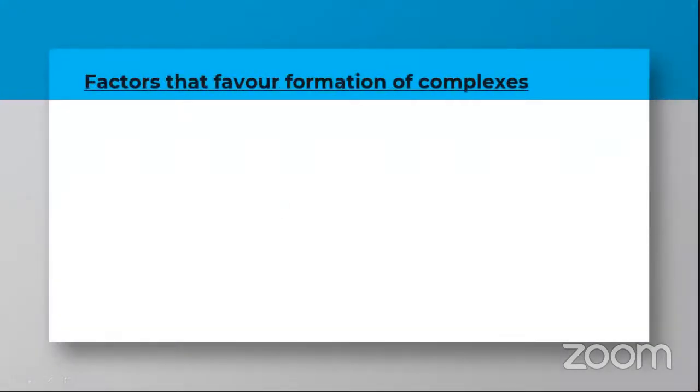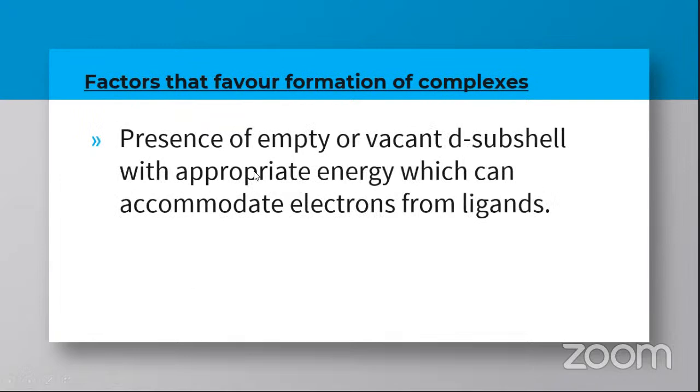Then let's look at the factors that favor the formation of complexes. First of all, presence of empty or vacant d subshell, with appropriate energy, which can accommodate electrons from ligands.